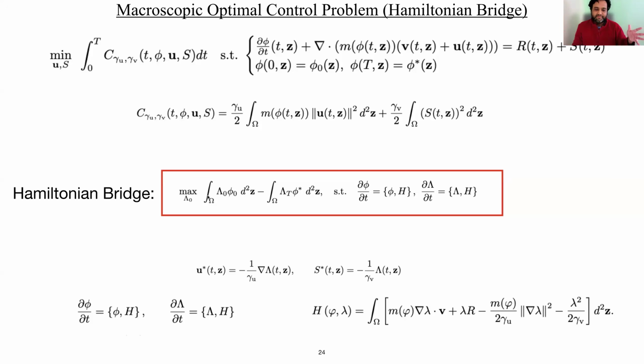When you do this variation, you will see that they are written like this. And then this is a bridge, and you have a domain on which these two equations live. You have the phi field and the lambda field, and you have to solve them concurrently such that this minimization happens. Is that clear? We can come back to it at the end if it doesn't.